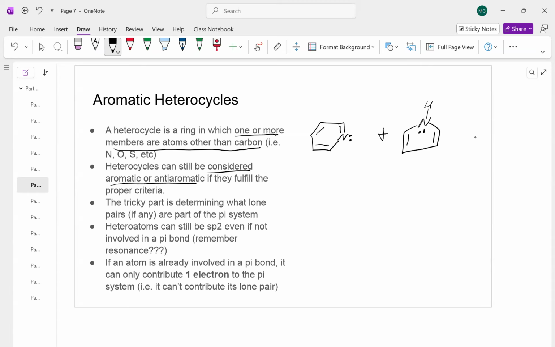The tricky part is that most of these heteroatoms contain lone pairs, and sometimes the lone pair is part of the pi system, meaning it counts for two pi electrons, and sometimes it doesn't. In that case, like carbon, it only contributes one pi electron. So I'm going to give you the simple rule to look at and determine that very quickly, and then I'm going to talk about why that is the case.